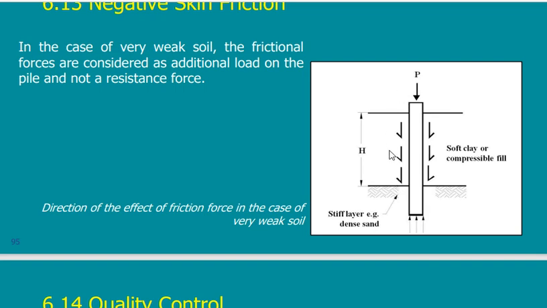And on top of it, very good sand. So I will design this very good sand as carrying the pile. But actually this very good sand is being carried by a very soft soil. So this soft soil with time, it will settle. Once it settles, this load will also be carried by this layer.